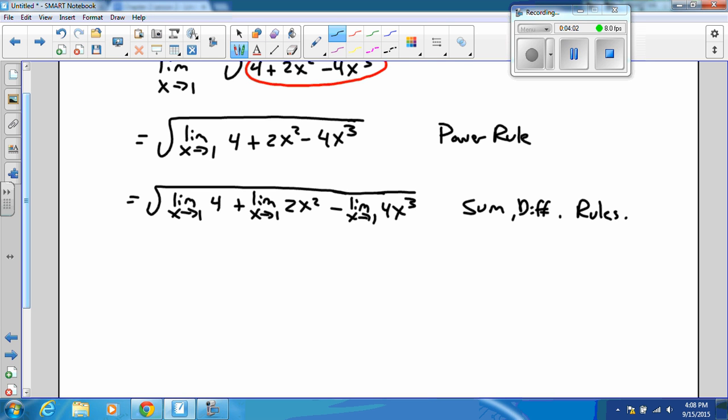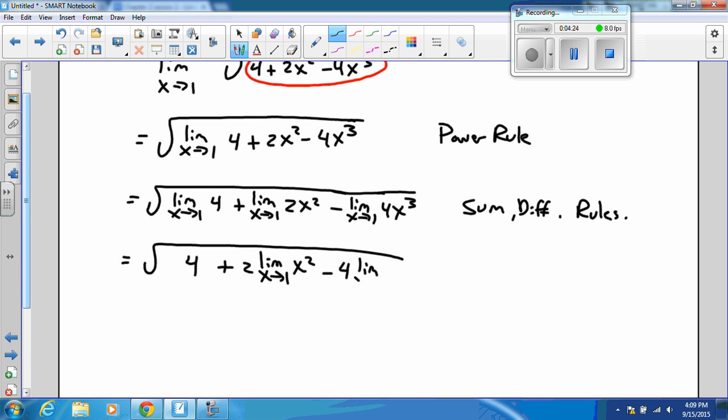And now I consider the first limit. The first limit is a constant, and therefore I can simply evaluate that using the constant rule. The second limit requires a constant multiple rule application, and so does the third limit. So that's the constant rule for the first limit, and then the constant multiple rule for the other 2.